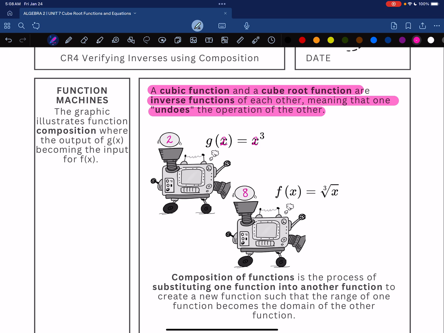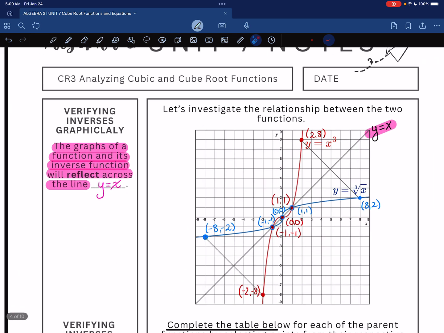So it went into the machine. The rule was applied to it, this being our rule that we're going to take our input and cube it, and what comes out is 8. Now, that is going into and being applied to the rule of our f function, which is a cube root function. And we know that these two functions right here are the parent functions and are inverses of each other.